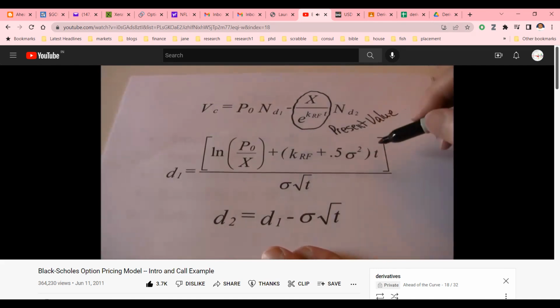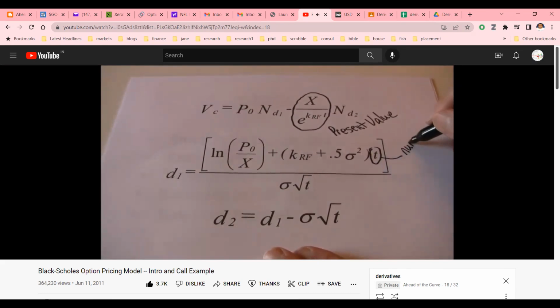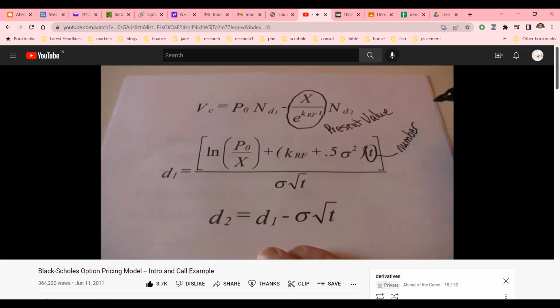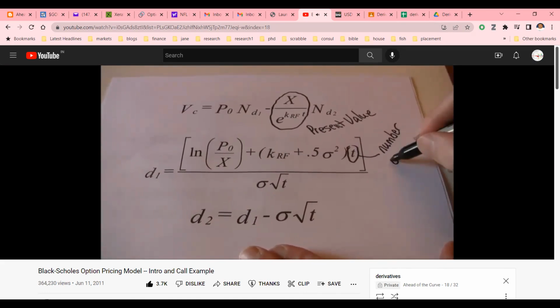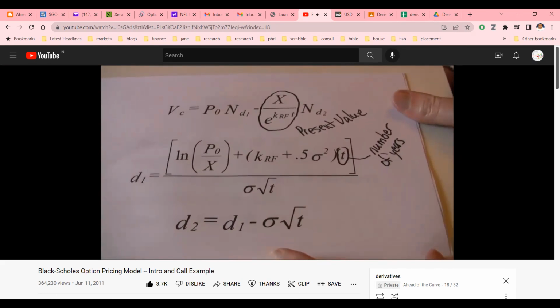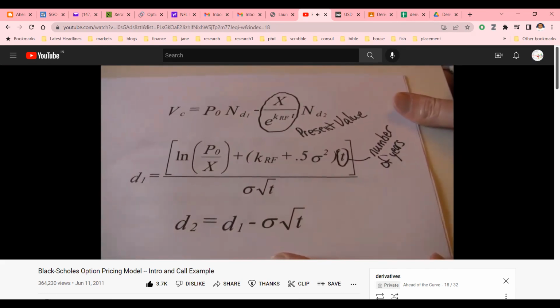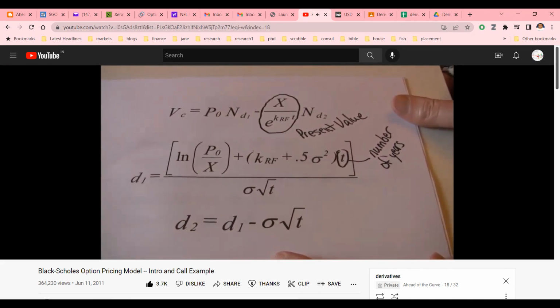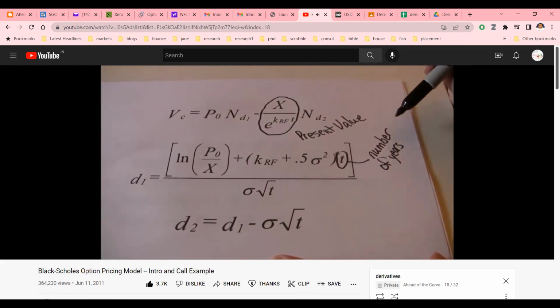First, whenever you see this T for time in the Black Scholes option pricing model, it's going to be the number of years. So if we have an option with 1 month to expiration, that's 1/12 of 1 year. So we always have to plug that in as the number of years.